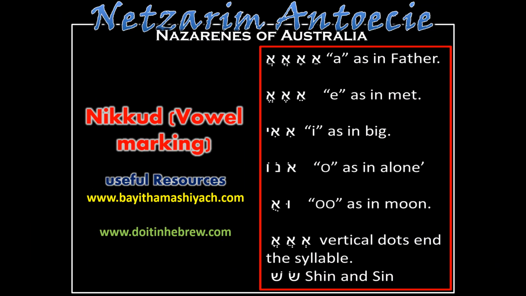And for anyone who's relatively new, I have a chart for the vowel markings showing how we have different vowels. This is called a patak. It has a short A sound, and this is a kamat, a longer A sound. We have the same with the E sound. And I've given you resources which are very useful. They give you transliteration, even color-coded.